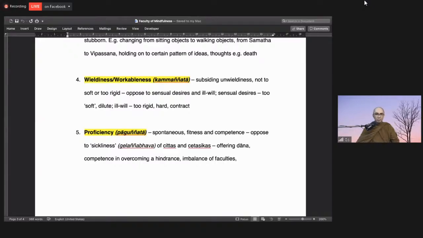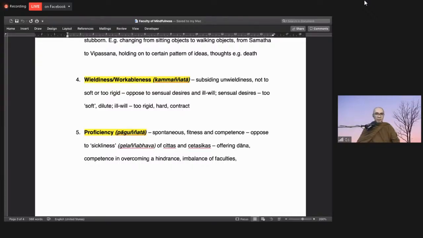Then if you're proficient, you know what steps to take in order to overcome the restlessness. Then the mind goes into balance again. So next time it comes again, you know what steps to take.